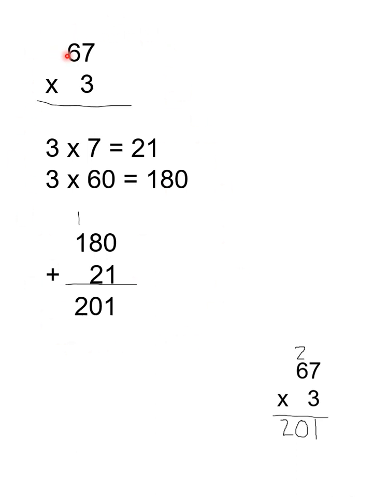And I'll show you that in later lessons. But right now, whatever way is easiest for you to do, I don't care as long as you get the right answer. But honestly, for 2-digit times 1-digit, this is easier. It is the old-fashioned way.